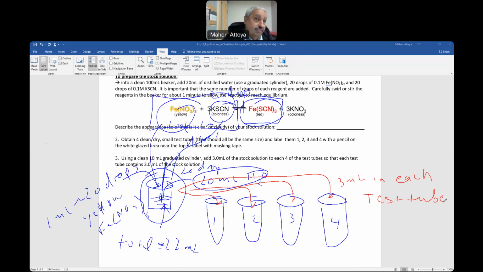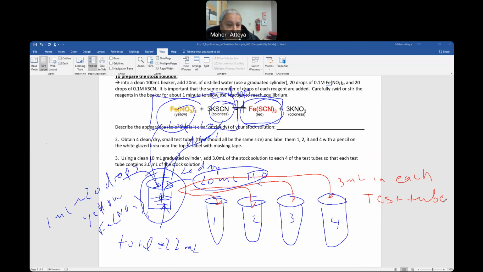You mix 1 mL from the yellow iron 3 nitrate, 1 mL from the thiocyanate, 20 drops, 20 drops, and you get the red solution. Stir it, then you take from this solution 3 mLs each to fill 4 test tubes. Okay, now I can tell you all the procedure, but I'm interested in the chemical equilibrium.